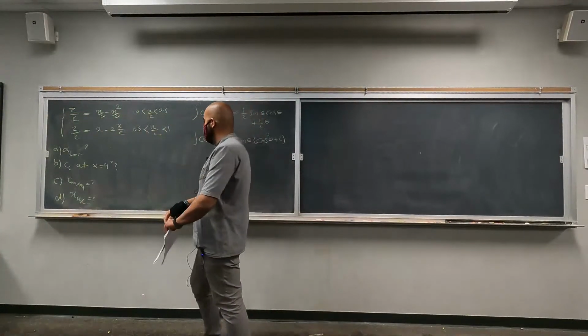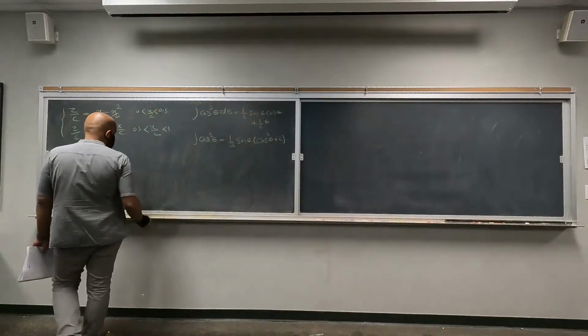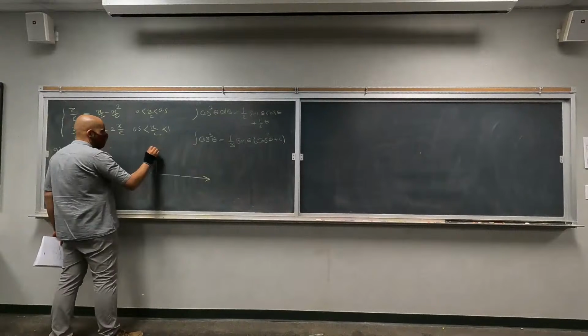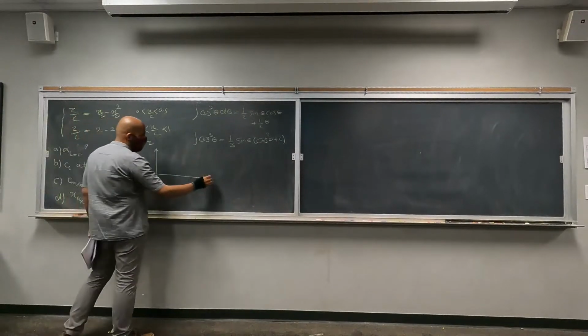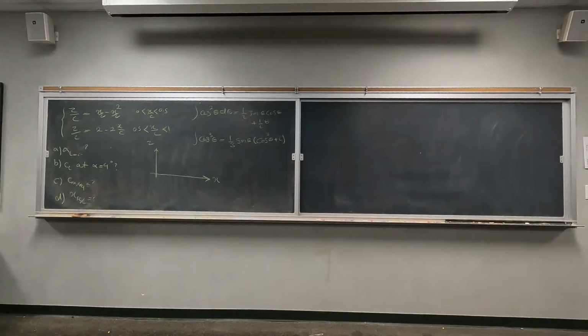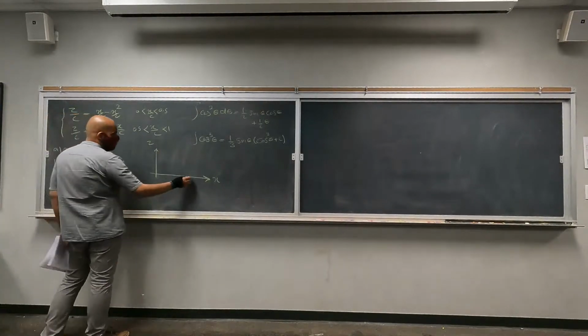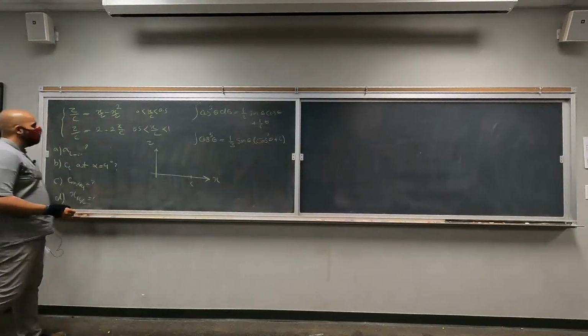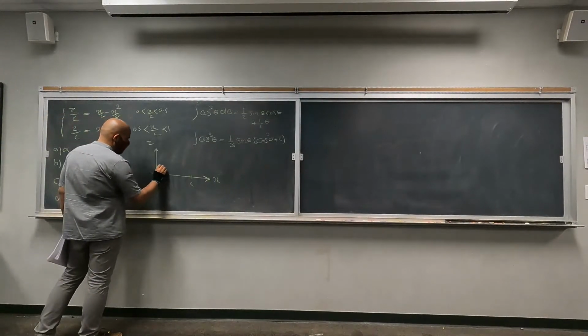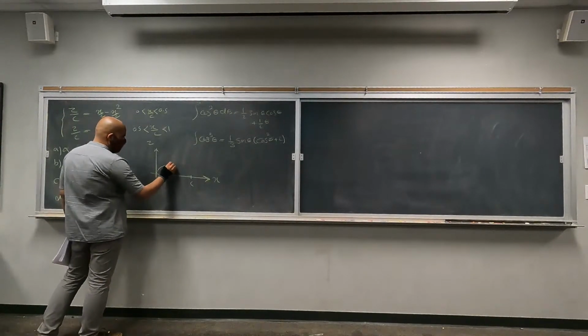This is the equation of the camber line. So this is how your camber looks like. We have x by c from 0 to 0.5. So something like this, right? 2.5.